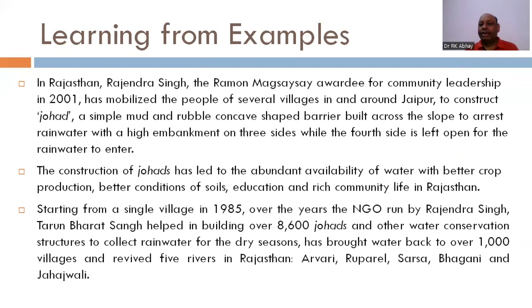A simple mud and rubble concave-shaped barrier across the slope, again to harvest rainwater. The construction of johads has led to abundant availability of water with better crop production, better conditions of soils, education, and rich community life in Rajasthan nowadays.